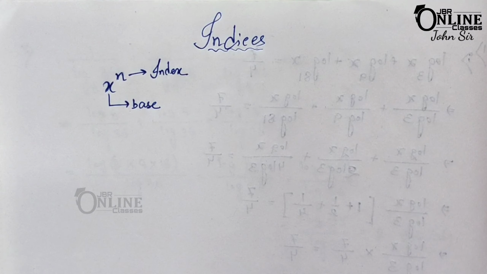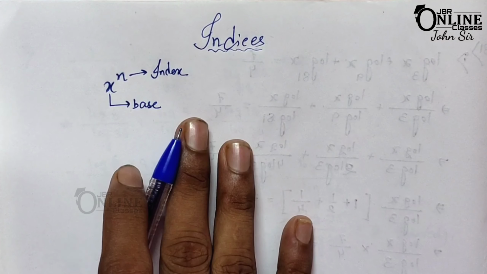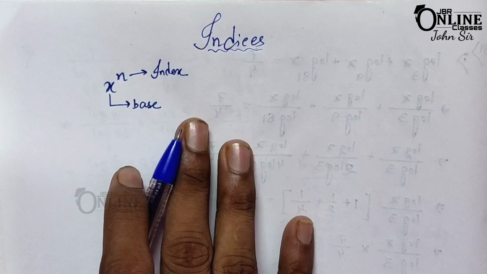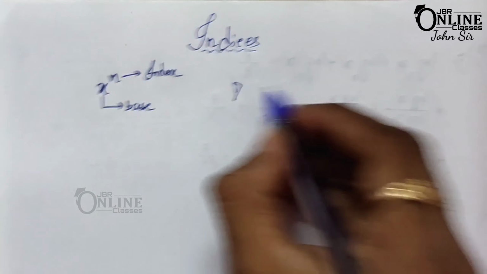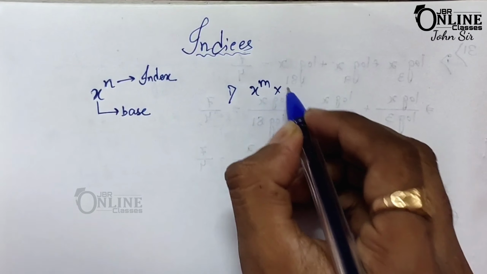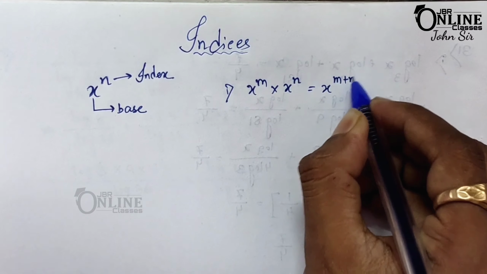So now we are going to know the laws of exponent for any real numbers. The first one: x to the power m into x to the power n equals x to the power m plus n.